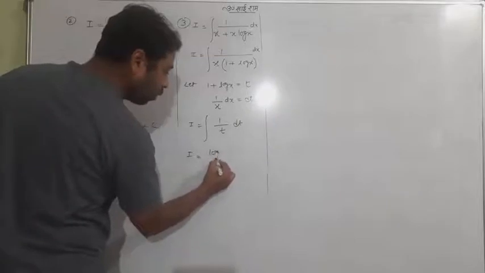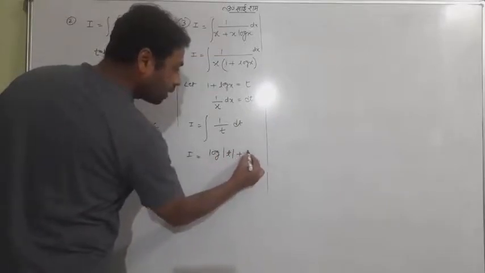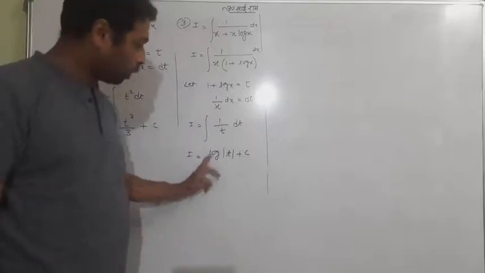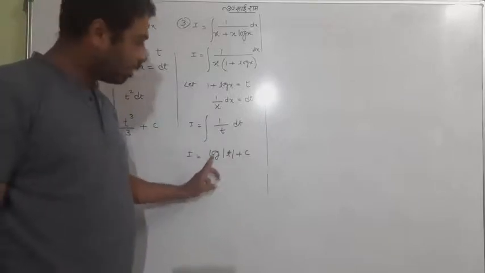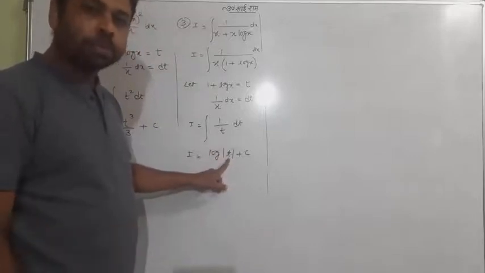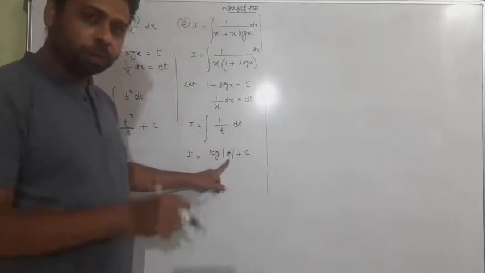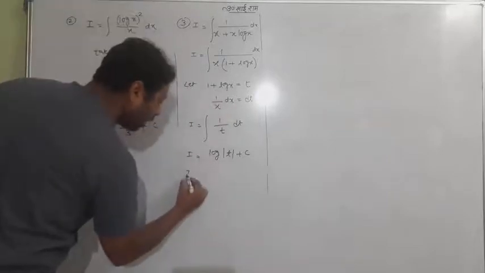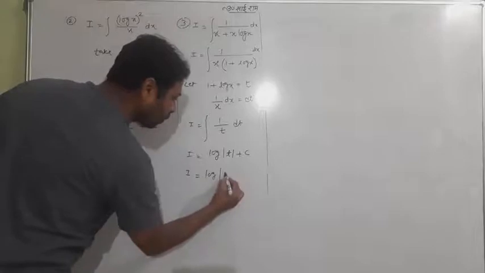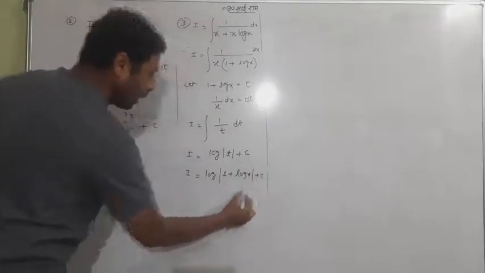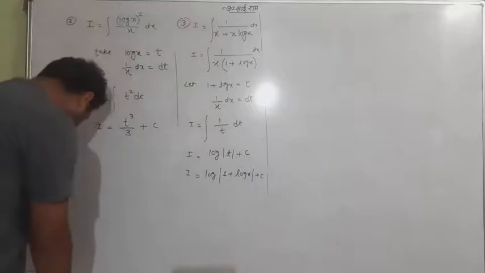So this is log of t plus c, and I taught you that whenever you give the answer in log, always use the mod, because log is applicable only where the function is positive, so we take the mod. Okay, what is t? 1 plus log x. The last aim is to put t as 1 plus log x, plus c, and that's the answer. So these are the questions.